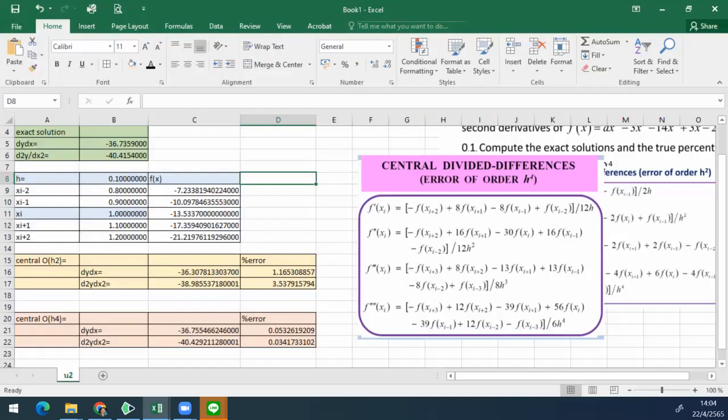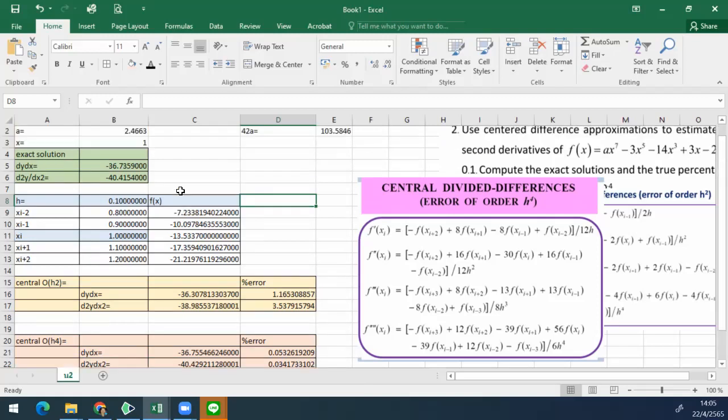The error is reduced in comparison with the exact solution. Okay, because it's more accurate.